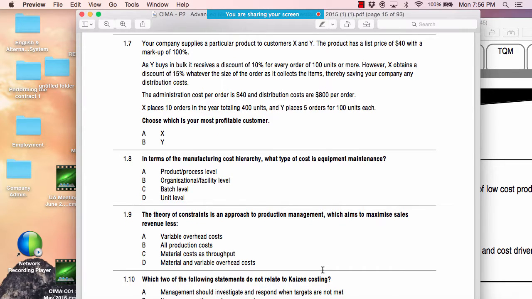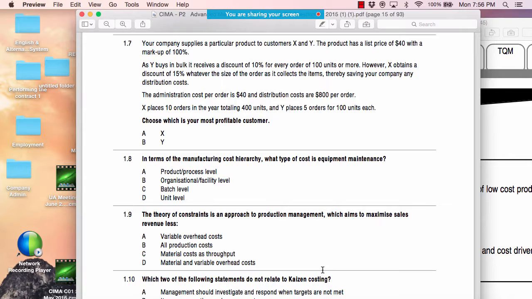Question 1.7. No, I didn't do that. Right, Elaine? I got customer Y, I thought was more profitable. It is X, right? You need to calculate the revenue, then the discounts.